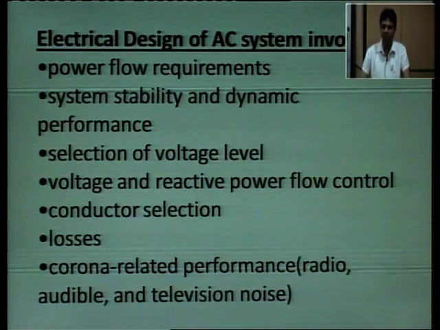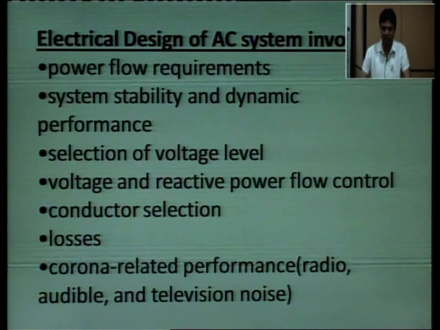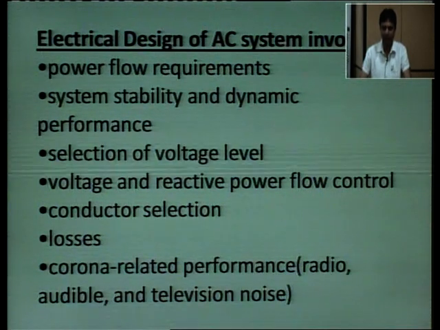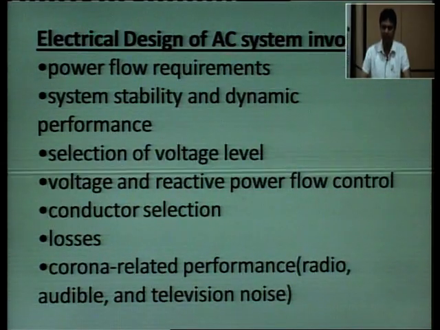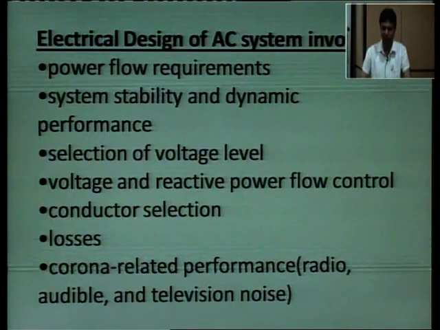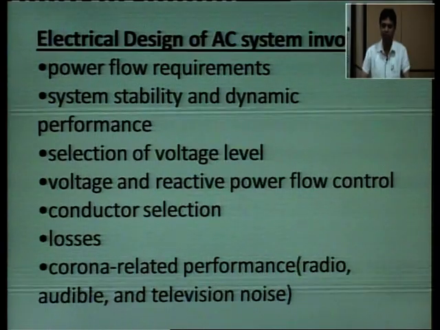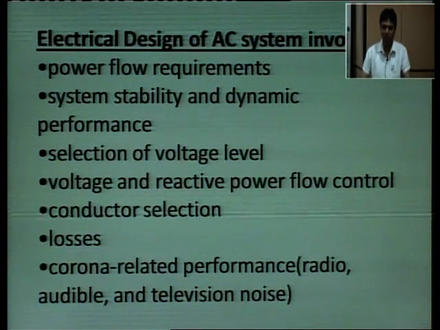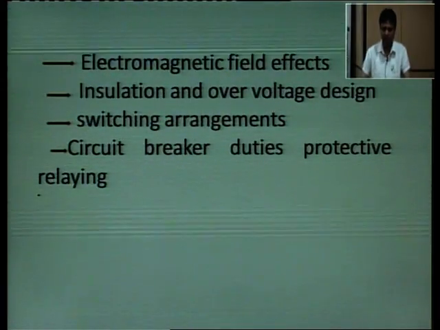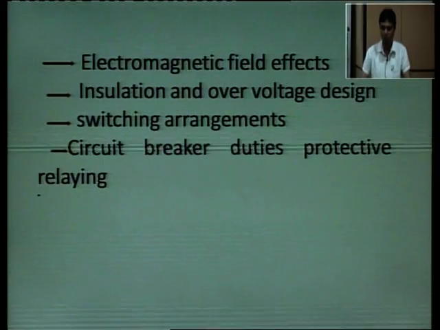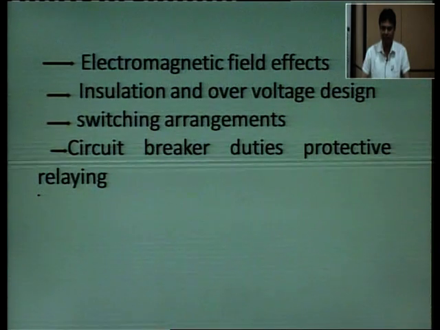So electrical design of an AC system involves power flow requirements, system stability and dynamic performance, selection of voltage level, voltage and reactive power flow control, conductor section, losses, corona related performance due to radio, audible and television noise, electromagnetic field effects, insulation and over voltage design, switching arrangements, circuit breaker duties, protective relaying.